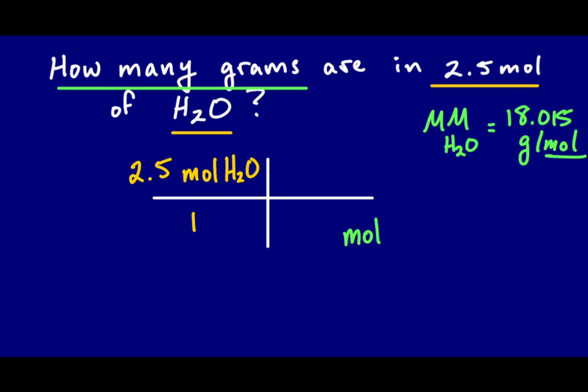If moles is half of the units for molar mass, grams is going to be the other half. So if moles are in the denominator, that means grams will have to be placed into the numerator. You're never going to put grams per mole in one part of your fraction for dimensional analysis. That's just not how it's going to be. You should only have 1 unit for each part of your fraction.